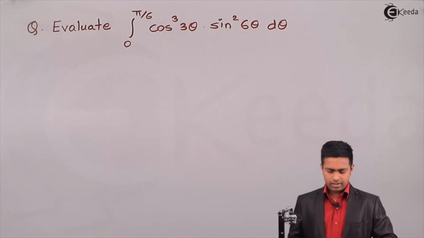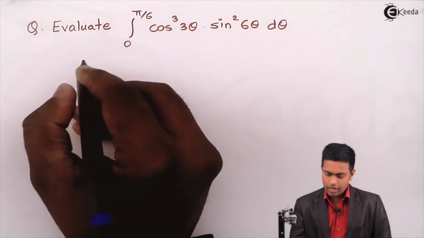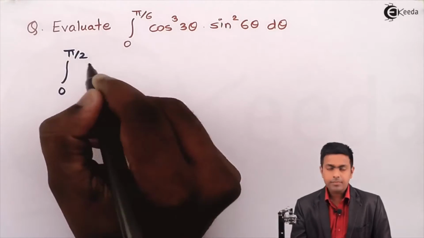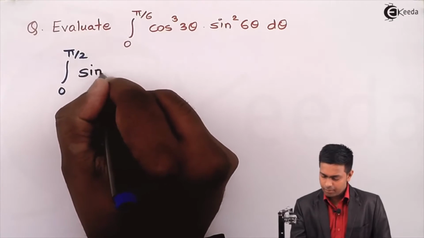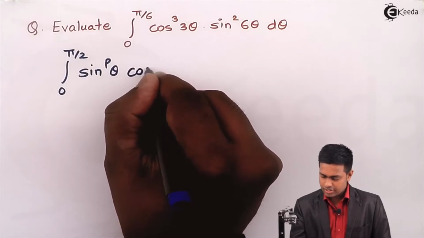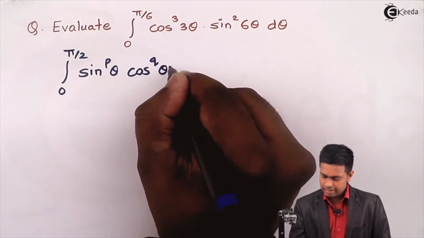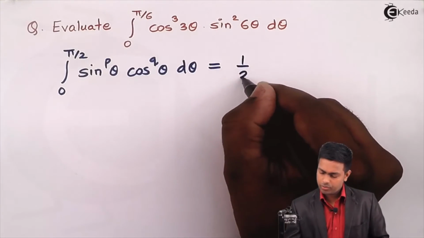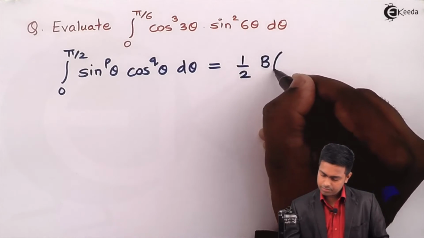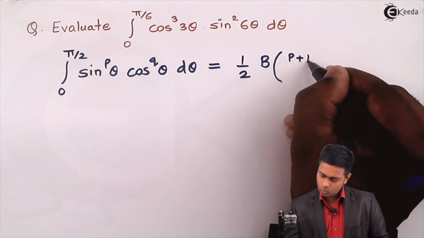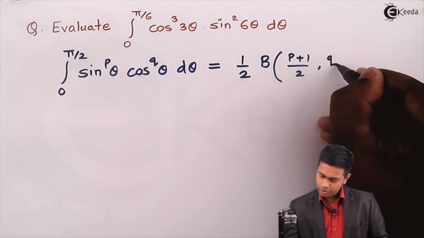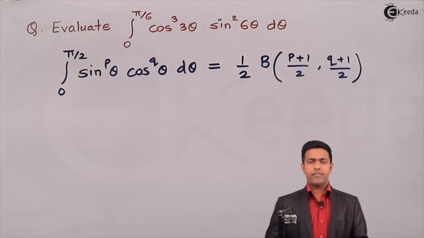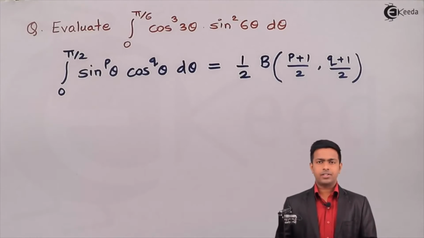You all know that the value of integration from 0 to pi by 2 of sine raised to p theta cos raised to q theta d theta is given by the formula 1 by 2 beta of p plus 1 upon 2, q plus 1 upon 2. So this is the definition of beta function.